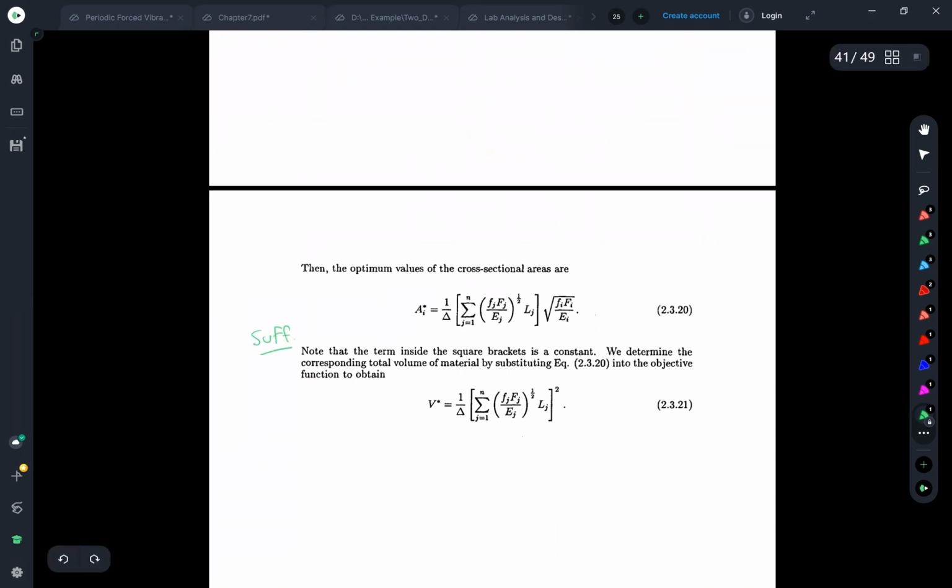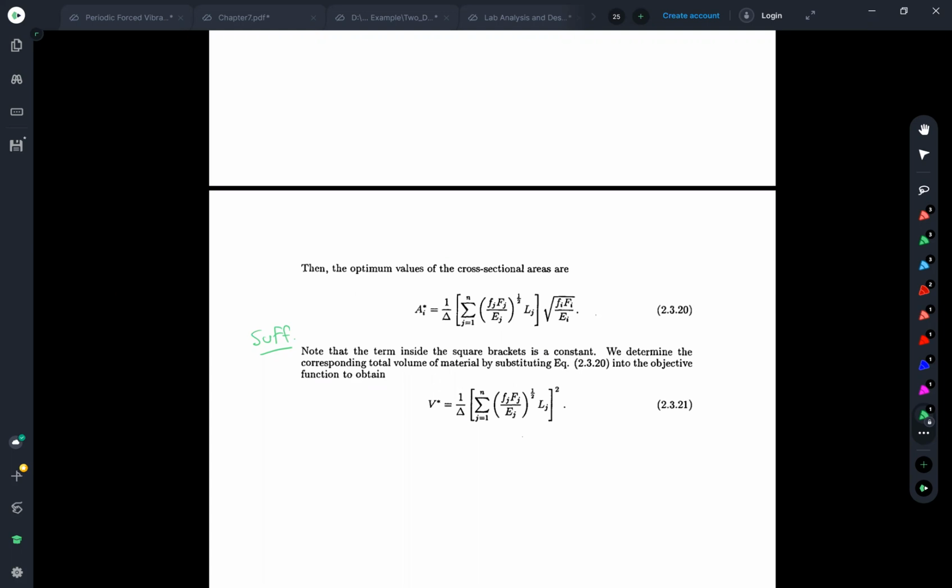But it seems that it's missing from this example. They just obtain the stationary points, believe this is the optimum value, trust 2.3.20, and compute the volume. And they say the minimum volume is going to be this amount, 2.3.21. Okay.